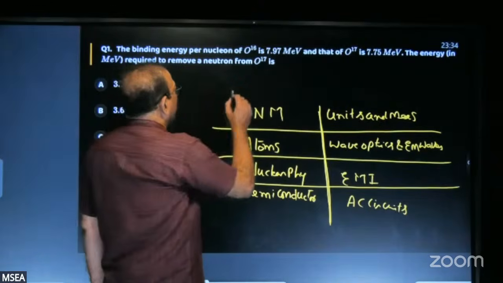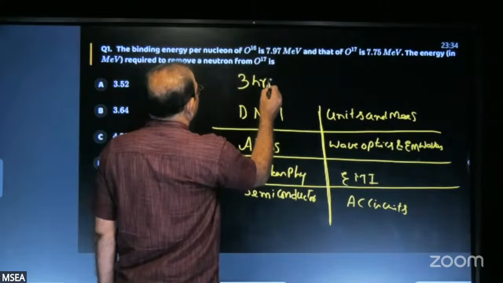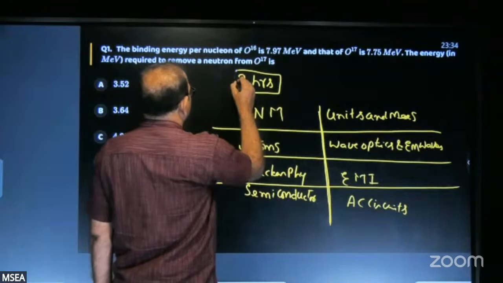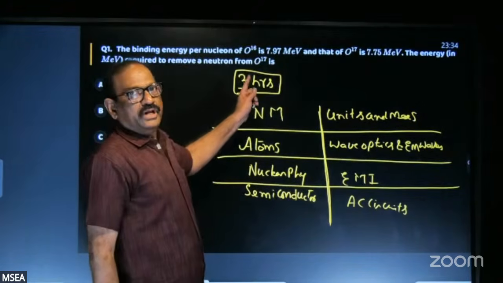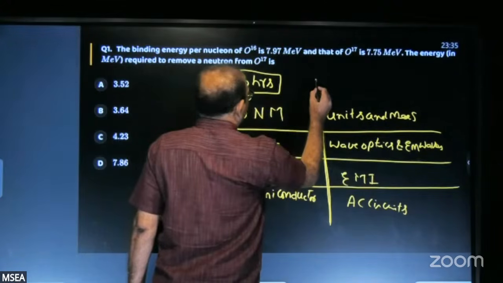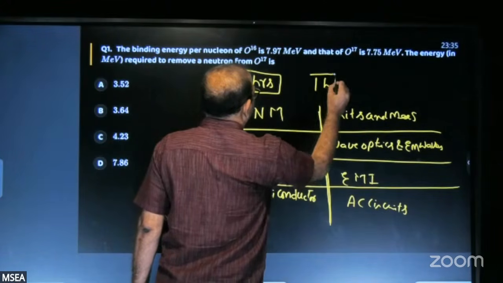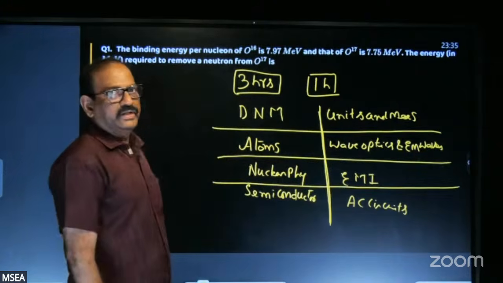Suppose you are spending daily 3 hours for physics revision. In these 3 hours, 1 hour you allot for this set, 1 hour daily.